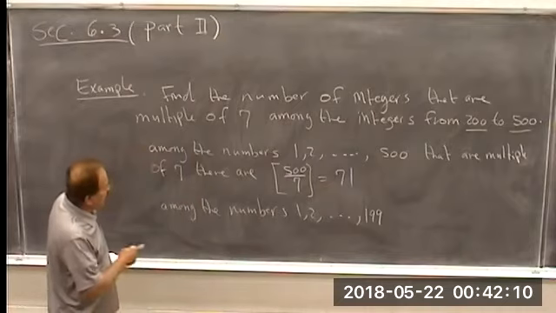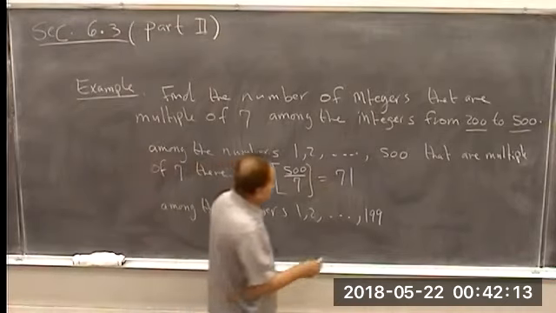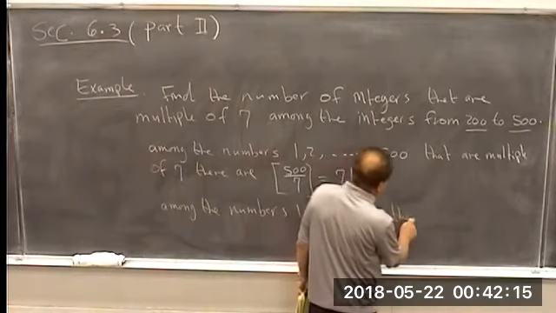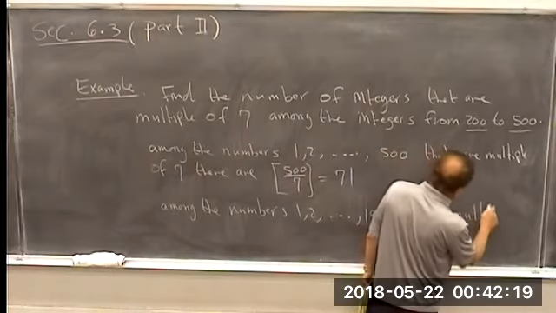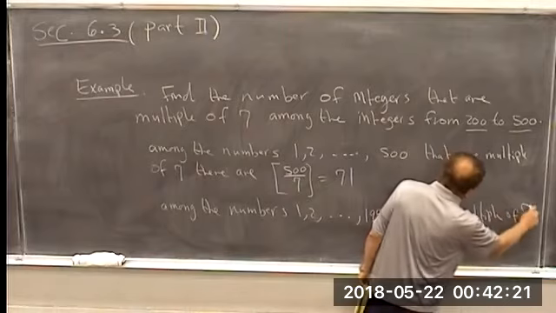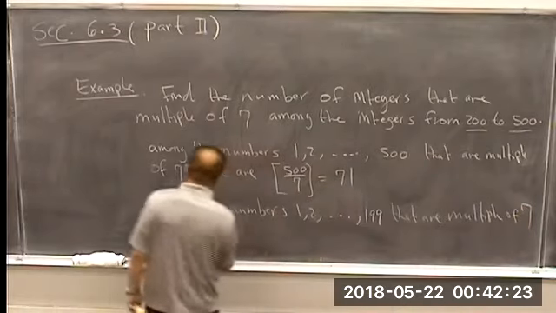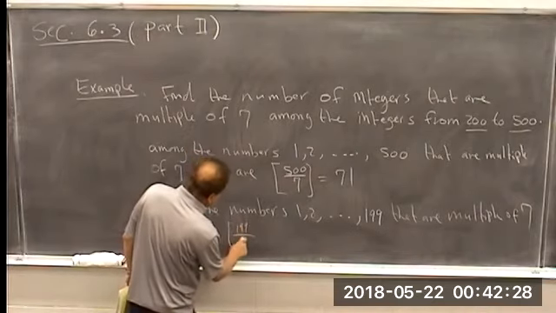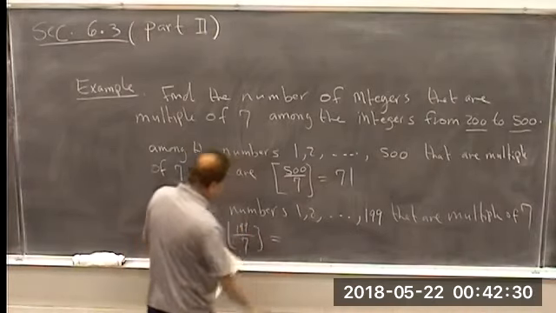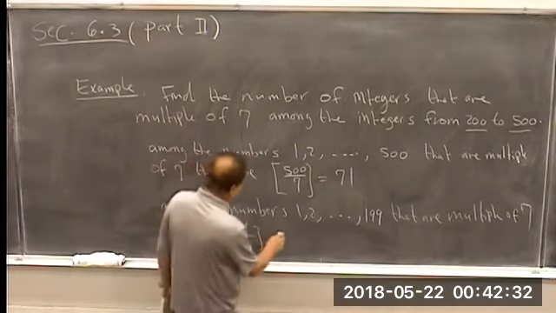Among these numbers, the multiples of 7 number 199 divided by 7, and altogether this gives me 28 numbers.